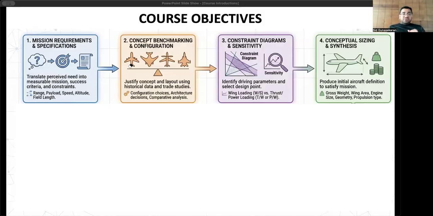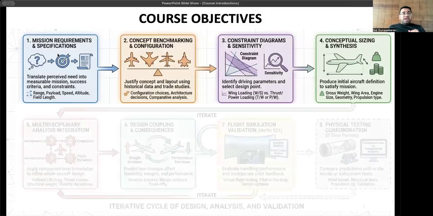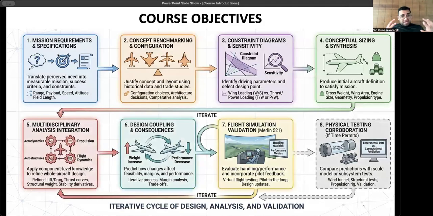Once we have a conceptual aircraft on paper, we're going to look at the aerodynamics. What kind of airfoils do we select? What kind of engines, and where should we place them?